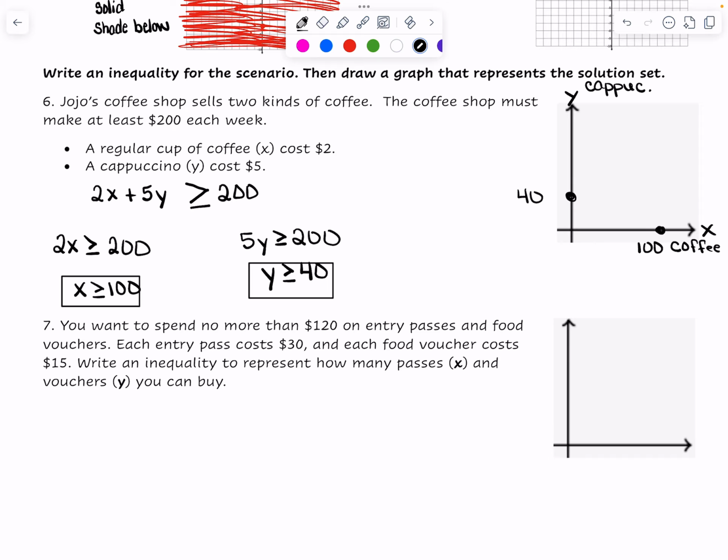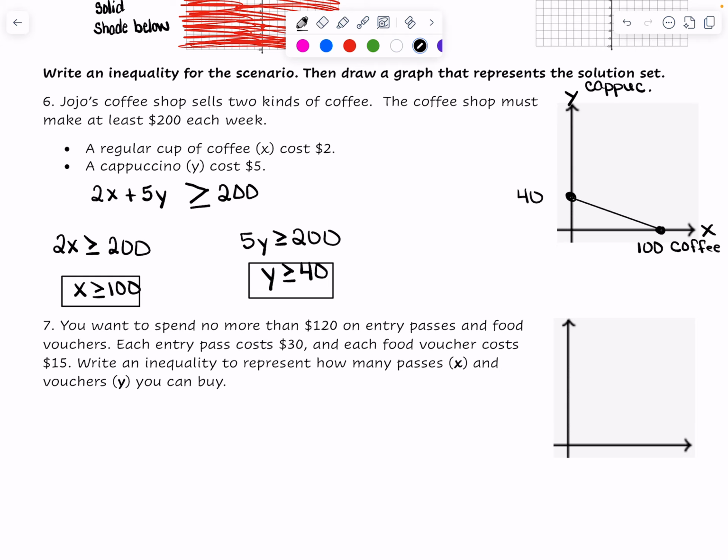And because the equation is greater than or equal to 200, it's a solid line. And we know that she wants to make more than 200. So this solid line here represents $200. If she sold 40 cappuccinos, she would make $200. If she sold 100 cups of coffee, she would make $200. But she could sell a combination of the cappuccinos and the coffee.